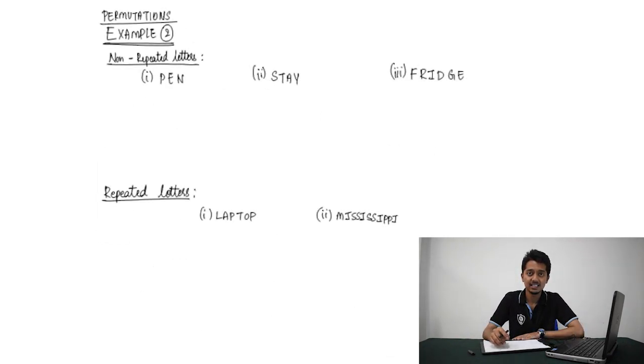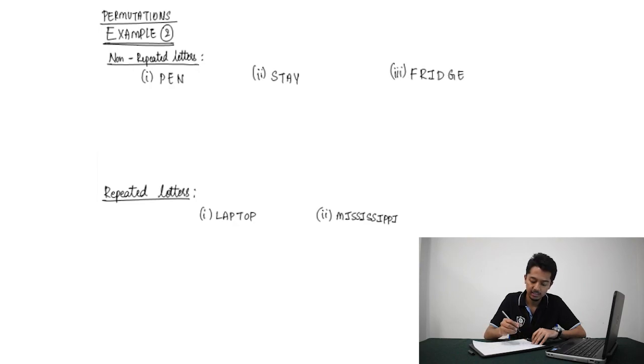Moving on to the next kind of permutation problem, we have non-repeated letters and repeated letters. Non-repeated letters in the sense the whole word does not contain any repeated letters. For example, pen, stay, fridge. Let us find the number of arrangements that can be made using PEN.